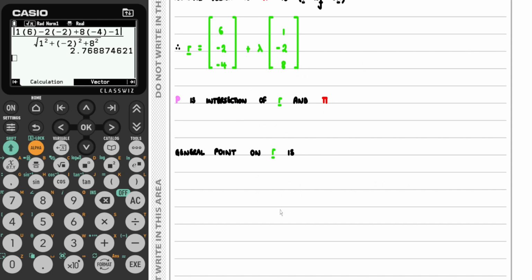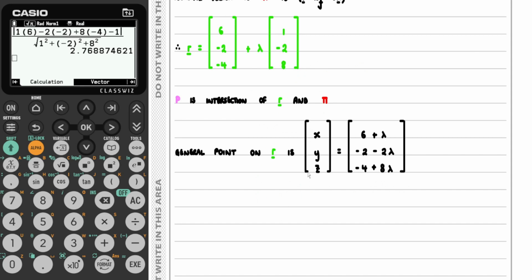So a general point on R will be given by x, y, z, which is equal to 6 plus lambda, negative 2 subtract 2 lambda, negative 4 plus 8 lambda. And so what we can do is substitute this point back into the equation for pi.